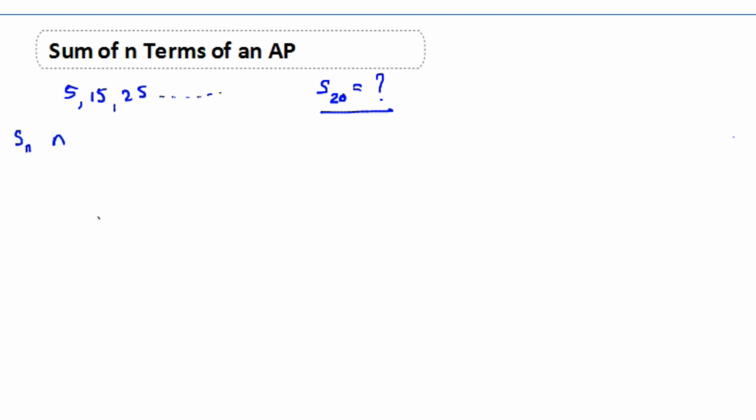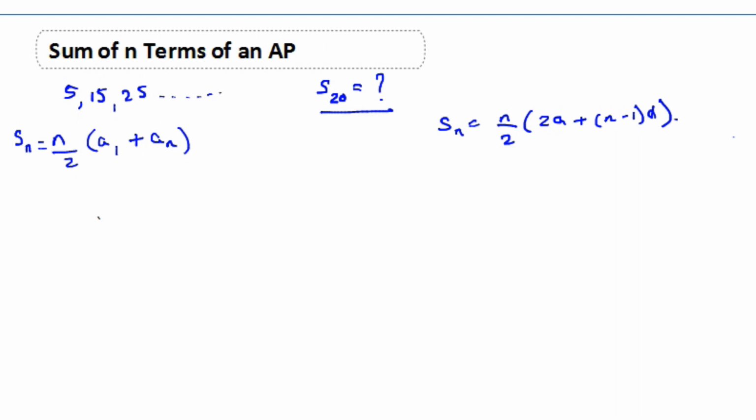We had that the sum of n terms is n over 2 times (a1 plus an), and the second formula that we had arrived at was n over 2 times (2a plus (n minus 1) times d). So we can do this in any way we want.